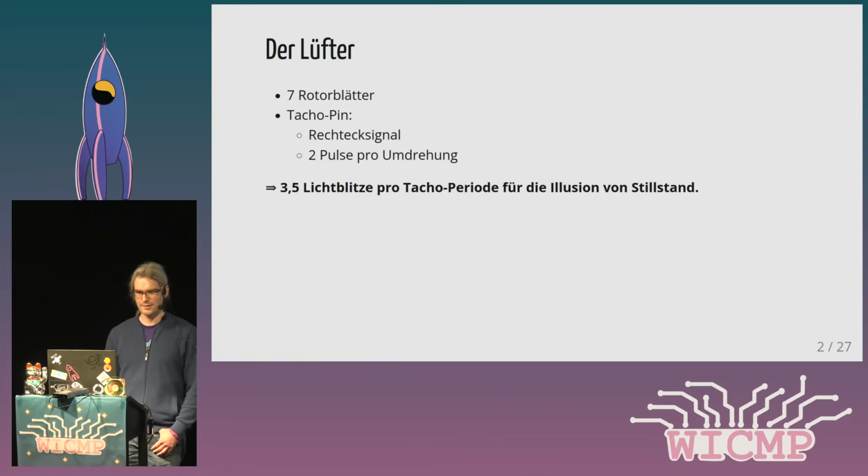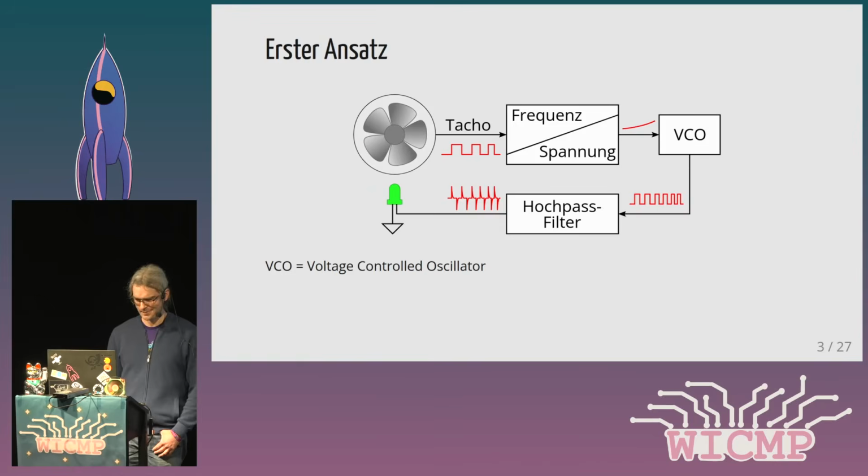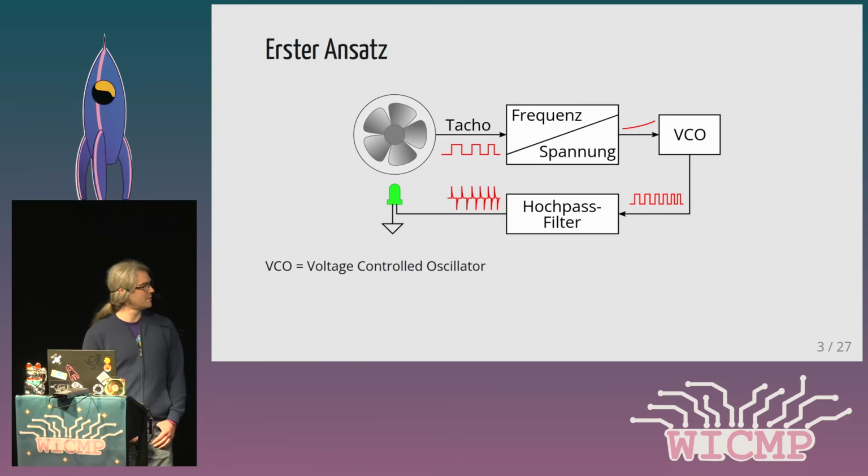The number of 3.5 is a little bit suboptimal for realizing that, and I tried a little bit around. So this is my first experiment. At the very top we see the fan, and at the bottom we see the LED. The spin frequency signal goes into a block, which I want to assume to be a black box for the moment.